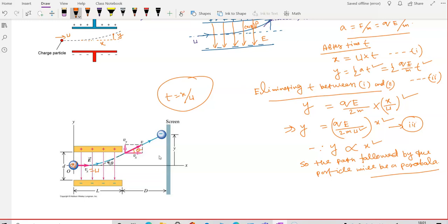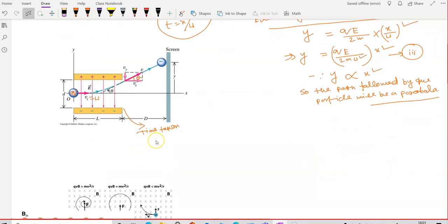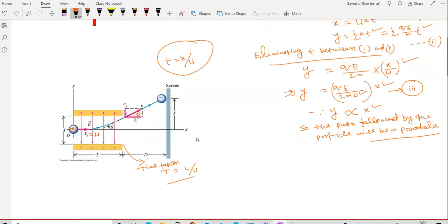So what is the time taken to travel this path, going from this end to this end? Time taken, we can take big T for this, T is equal to L by u.